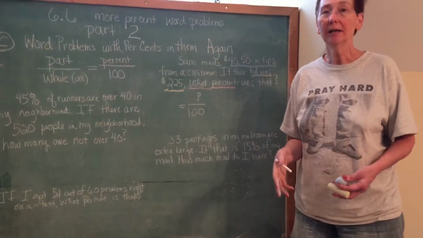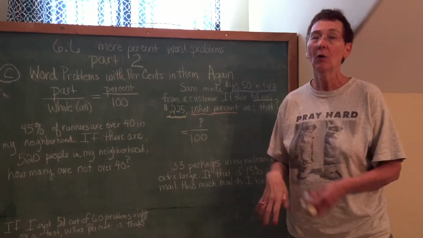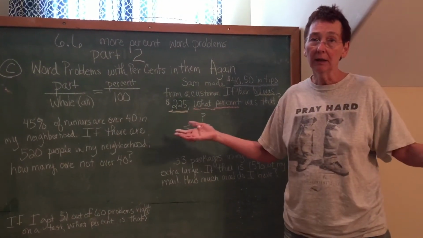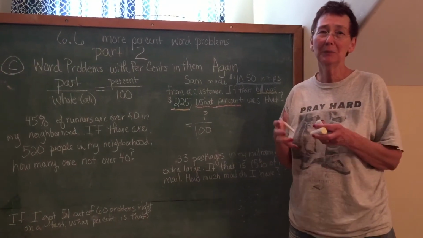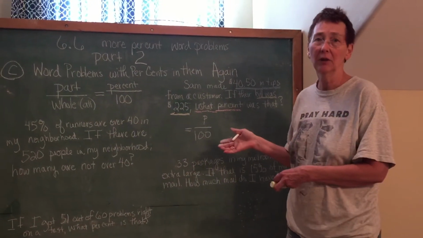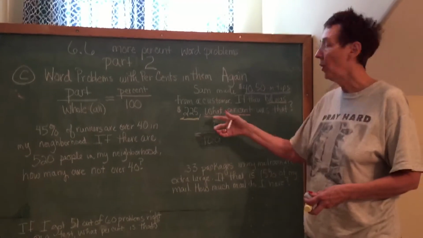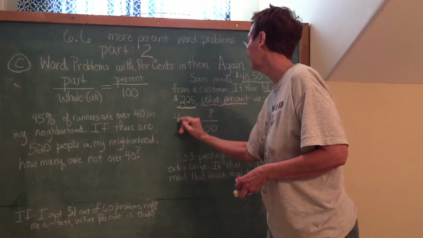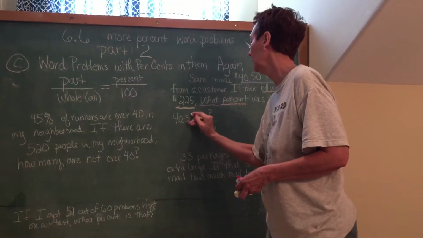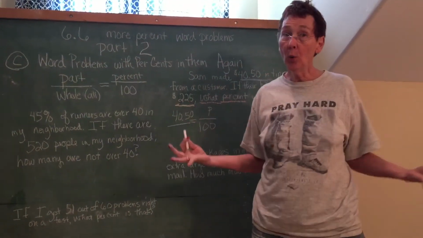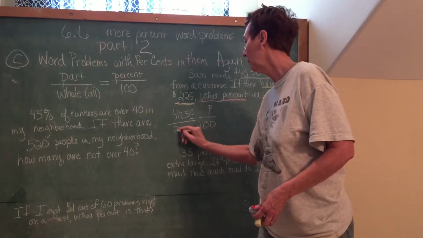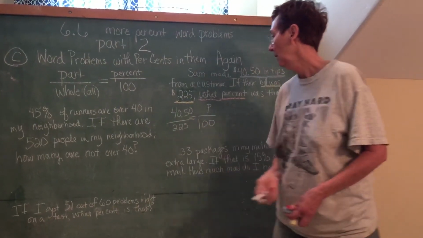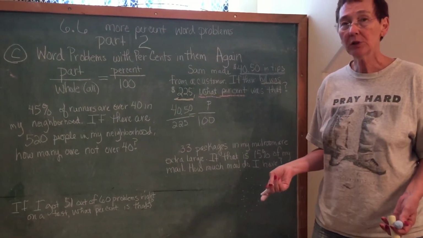So I have to decide, are the tips the part, or are the tips the whole thing? Well, obviously, the tip is just a part of their bill. So since the tip is a part of their bill, the tips go on top, 40.50, over the whole bill, which was $225. That gives me the proportion that I need.